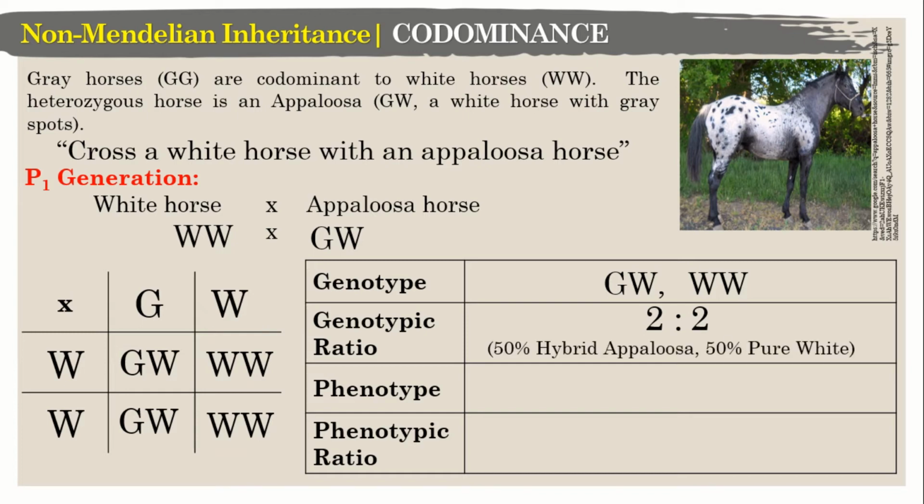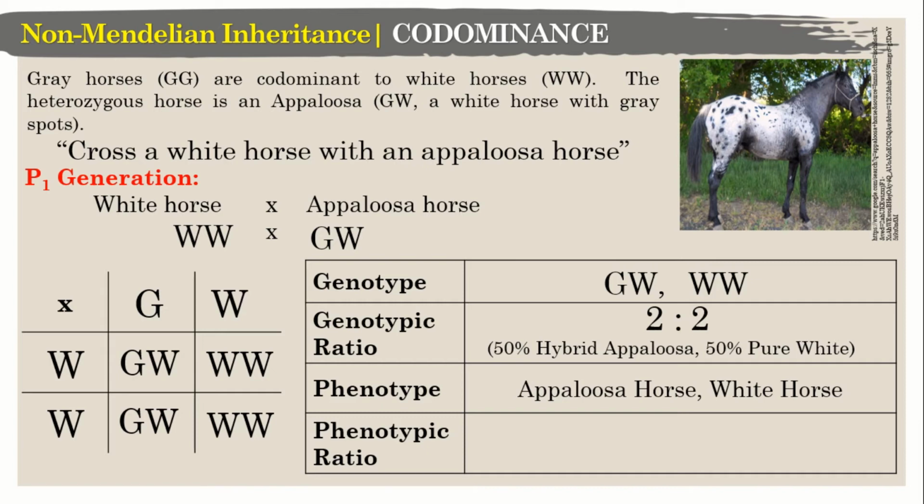What does it mean? 50% hybrid Appaloosa because there is a combination of gray and white. While the other 50% is for pure white. Why pure? Because both are W here. Okay, when we describe, you have your Appaloosa horse, and then we have a white horse.